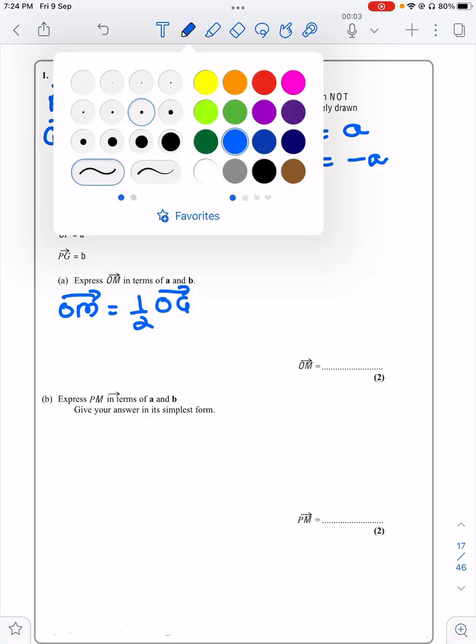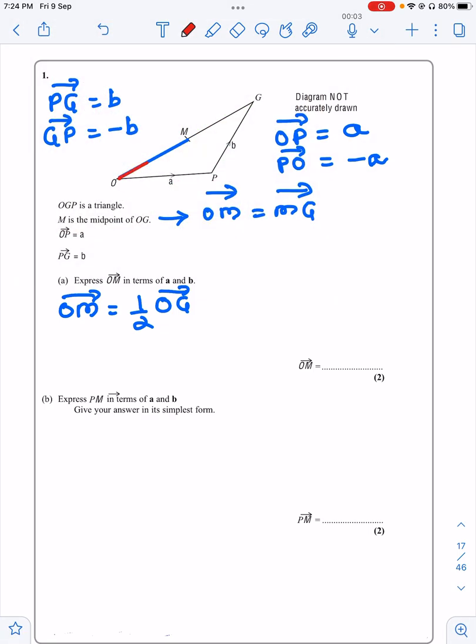On the diagram, if you look, OG is this line which I can find by going OP and then I go PG. So first thing, when you write the path of OG, you have to mention from where you went, OP plus PG.